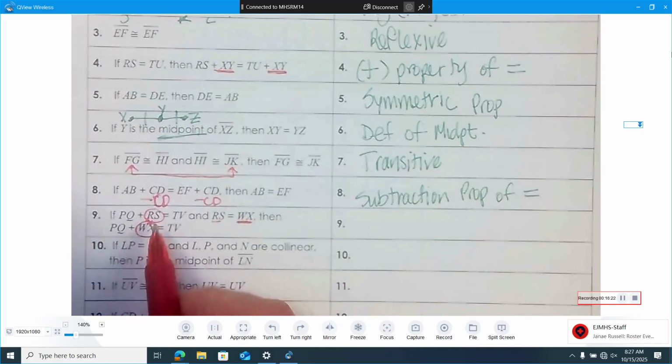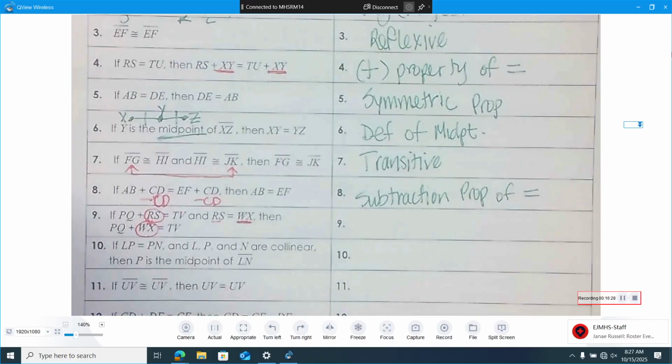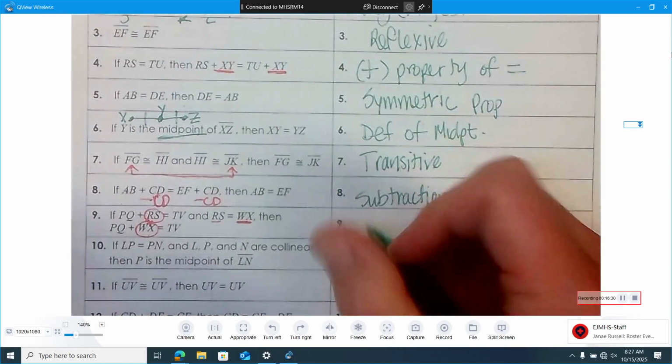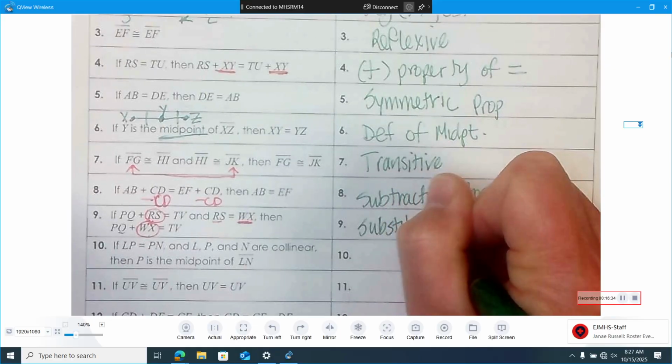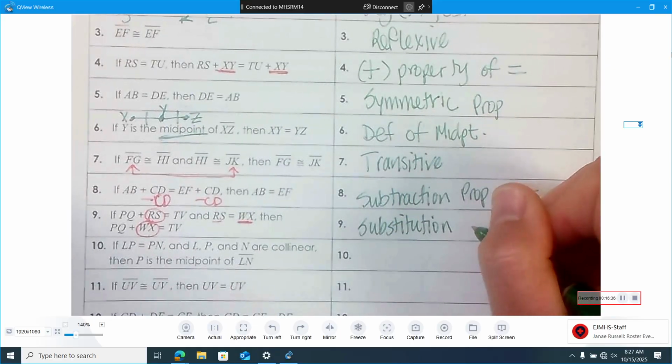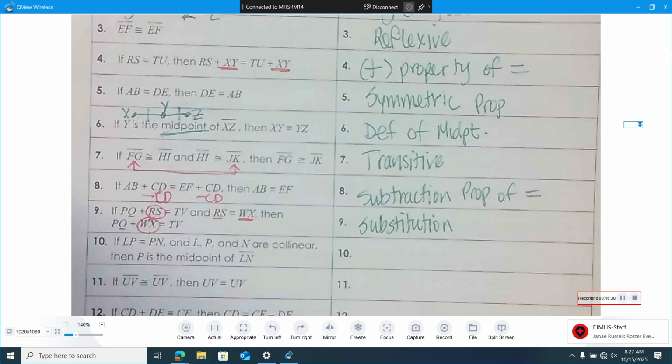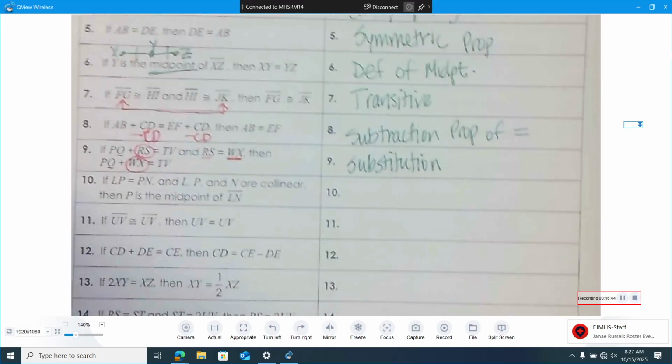In place of RS, they traded out RS and plugged in the WX. What allows us to trade things out? Substitution. Very good. Substitution property. So we're taking one thing out and putting the equal thing in. So that is a good one to know.